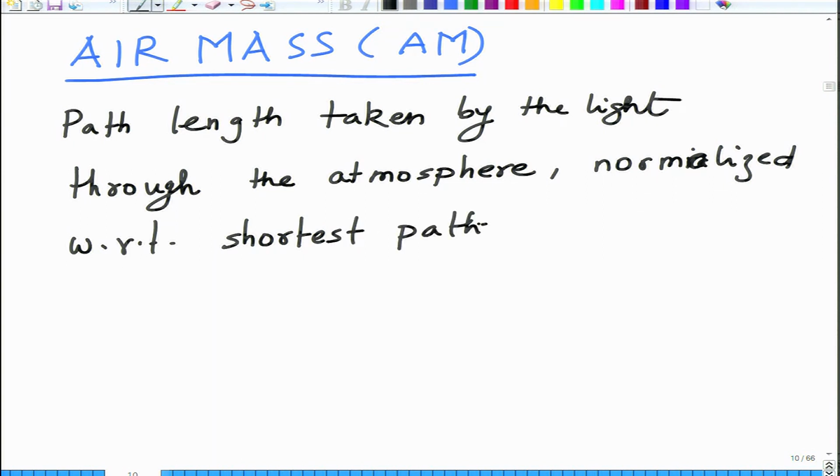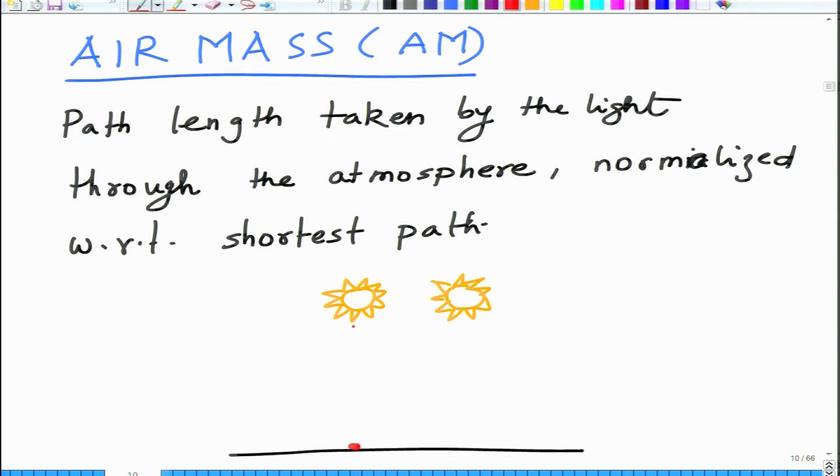So, the shortest path would be, if you have a horizontal surface like this, and let us say we have the sun at this point, and then we have the sun at this point. The point of consideration, let us say, is this.